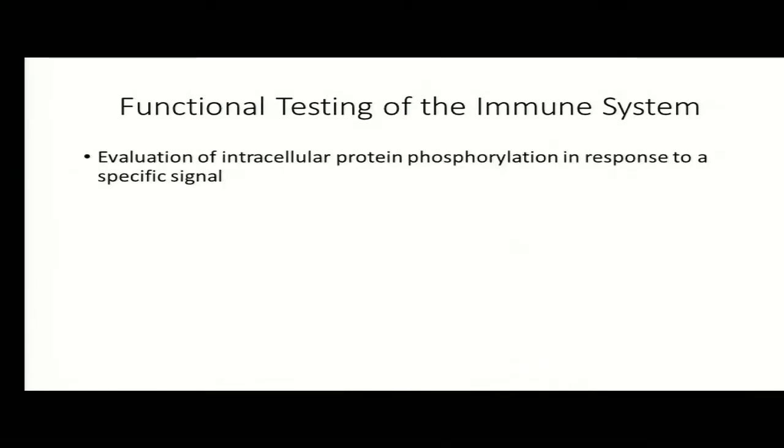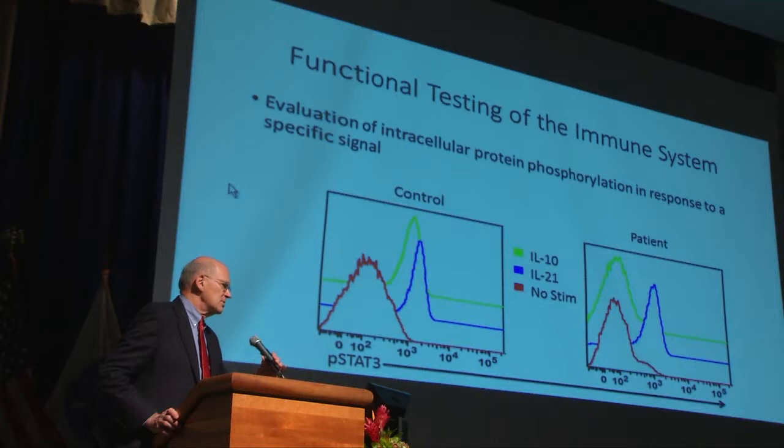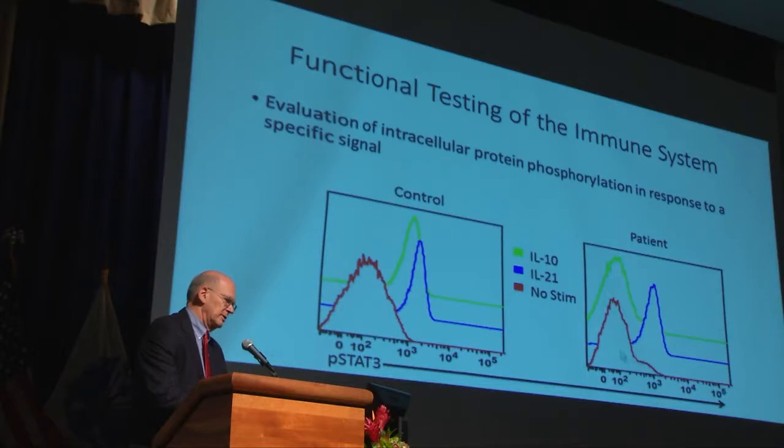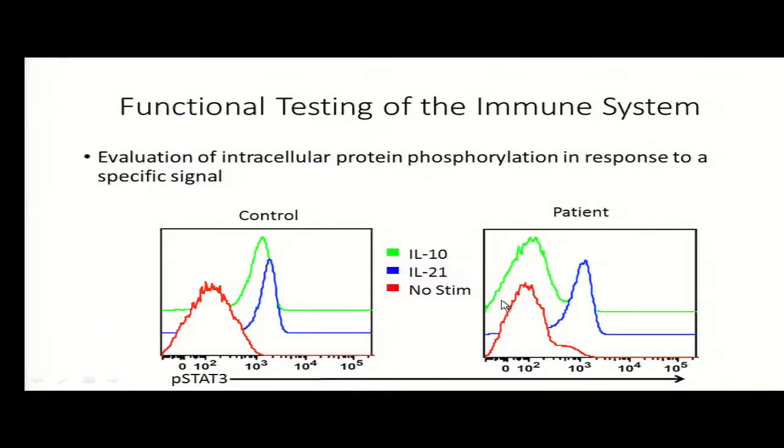Functional testing, intracellular protein phosphorylation. It's not critical that you know the specifics, but basically, in order to signal the nucleus to turn on specific genes such as cytokines, there is a process within the cytoplasm of the cell that generates a message that goes to the nucleus and turns on genes that are necessary in a normal immune response, but in an immune dysregulation, you actually have excessive turn on. And so this is a simple little picture, and if you look at the difference between the control and the patient, what you can see is that the green tracing is absent.